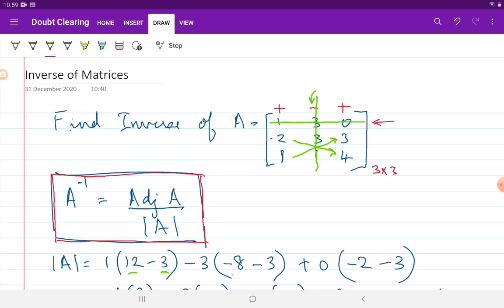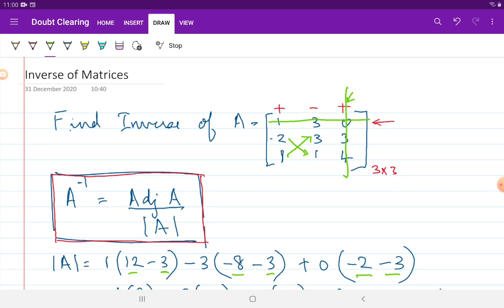Minus 2 into 4, I get minus 8 and minus 3. Finally, plus, taking into consideration this sign, 0 into the minor of this element. Once again, the minor will be minus 2 times 1 minus 1 into 3, which is how I got minus 2 minus 3 over here.